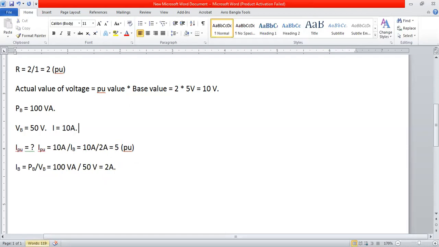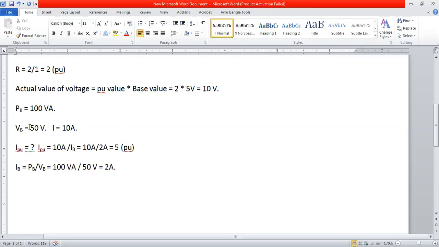So this is the way we can calculate the per unit quantity of any quantity like voltage, power, current. But at first we have to identify the base value or reference value. And this is the process of identification of base value or reference value. So in your mathematical question, some values should be given.